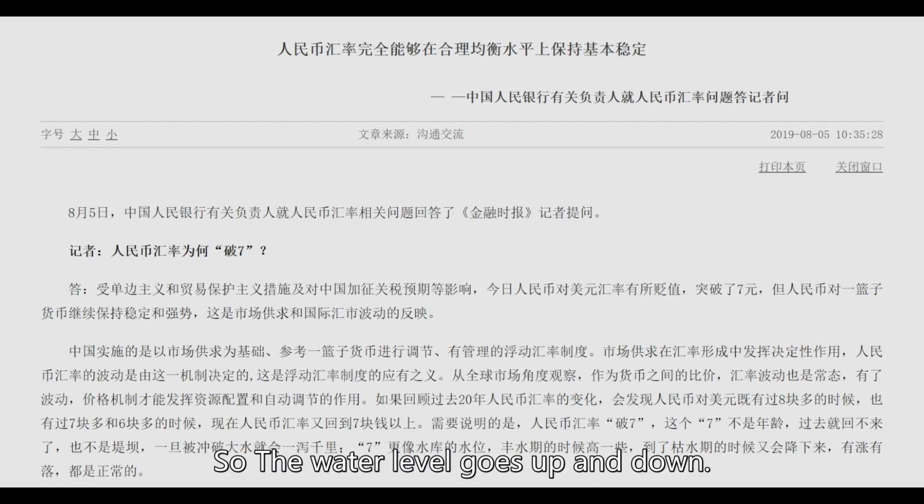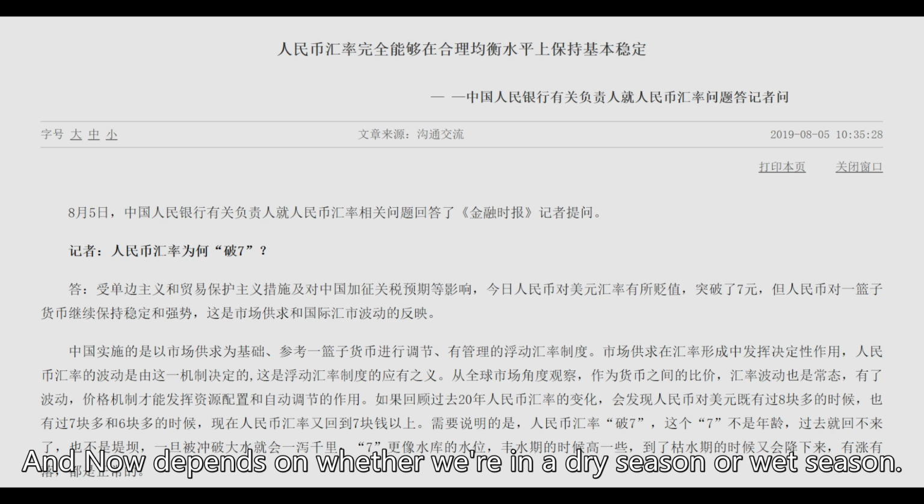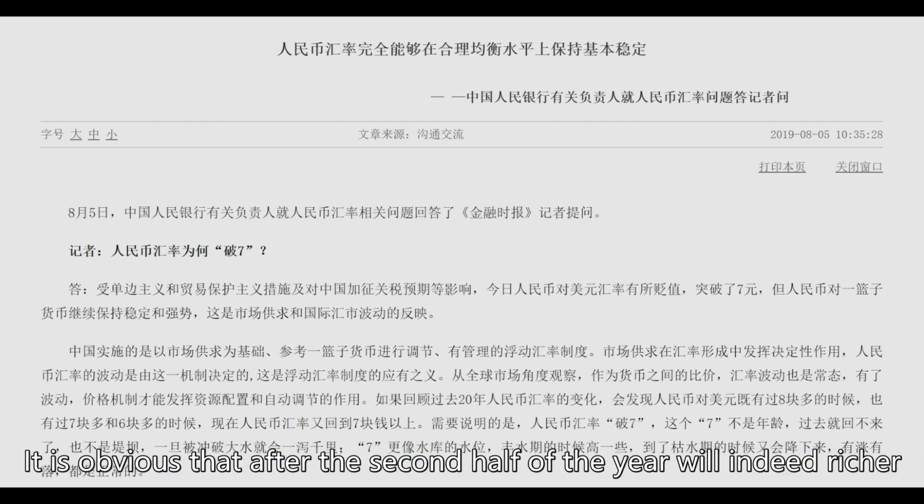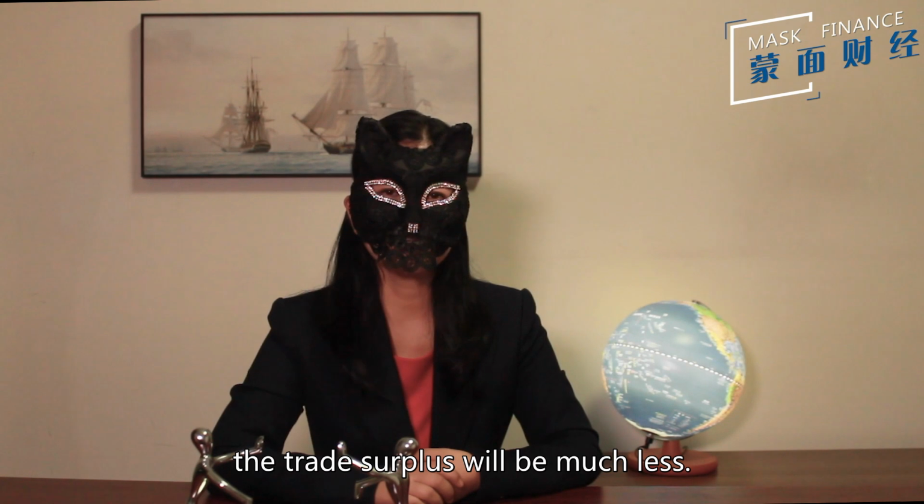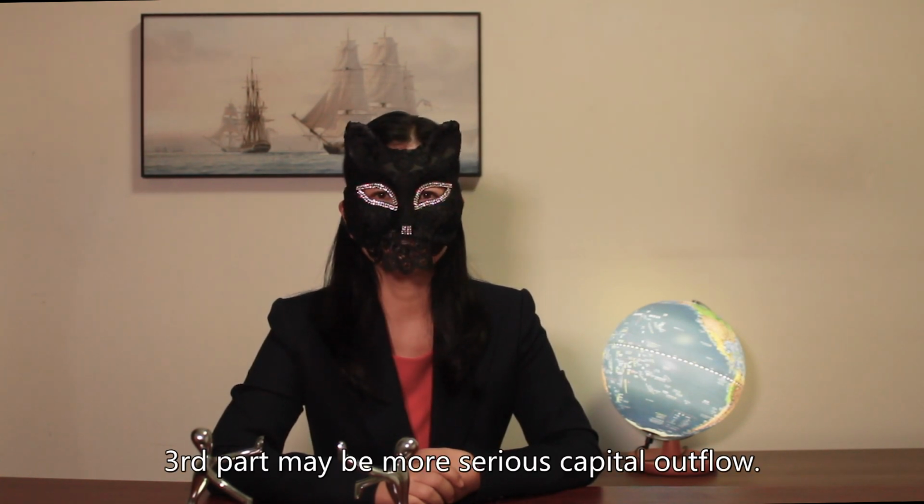The water level goes up and down, and it all depends on whether we're in a dry season or wet season. It is obvious that after the second half of the year, we will indeed reach a severe dry season. On the other hand, the trade surplus will be much less. The third part may be more serious capital outflow.